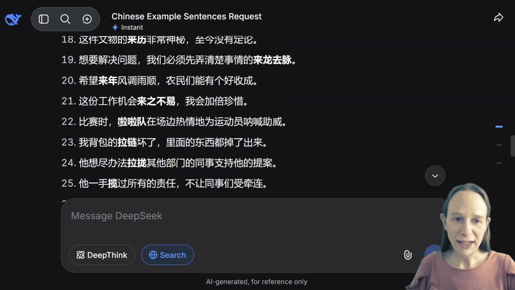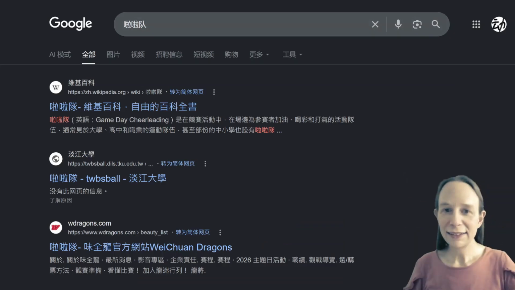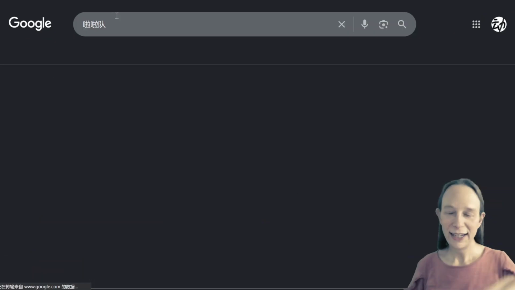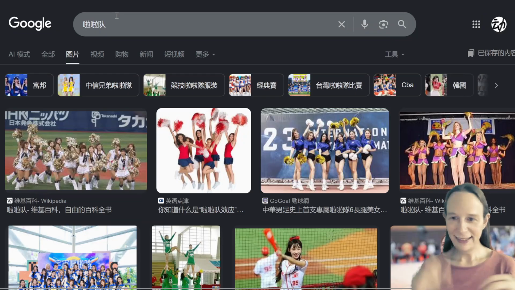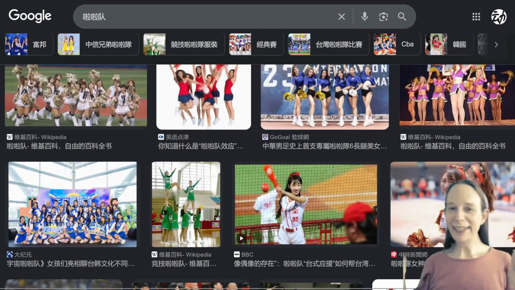比赛时，啦啦队在场边热情地为动物园呐喊助威. OK, 啦啦队. Oh, I thought that was Google image search. 啦啦队. This seems to be some sort of American thing. Yeah, go team.